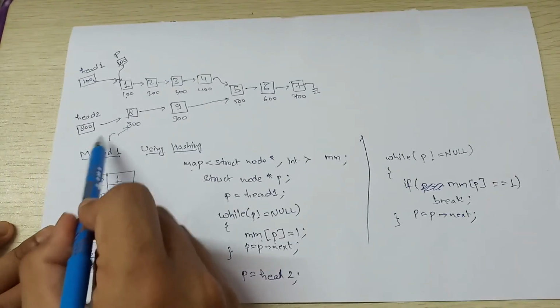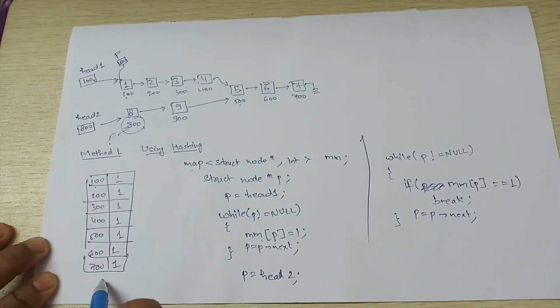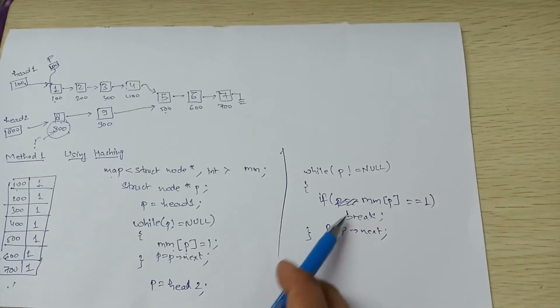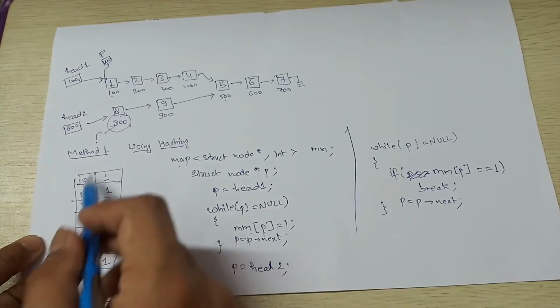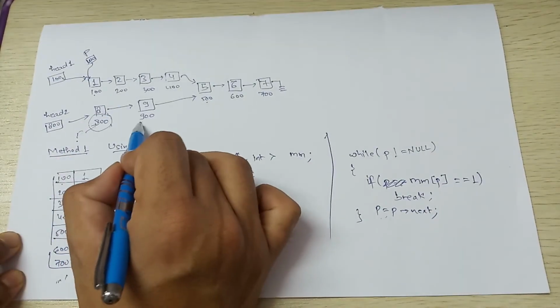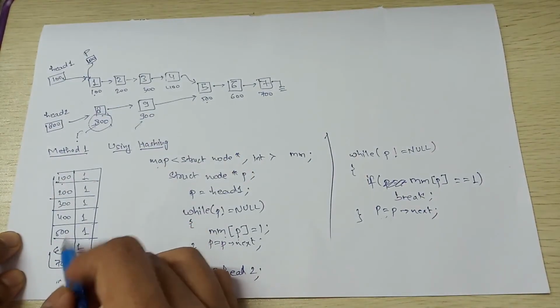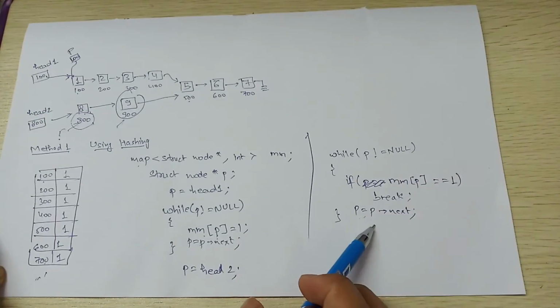Now p will check whether 800 is present or not. 800 is not present, that means map of p is not 1, so it will move to the next node and check in the hash map again. That is also not present, so it will traverse again.